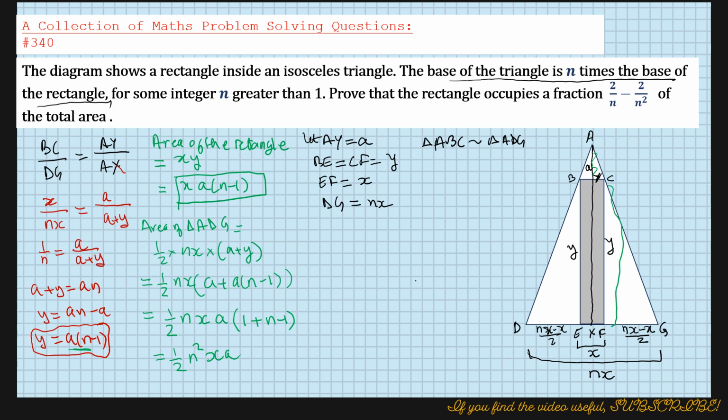So we need to know the fraction the rectangle occupies of the total area.